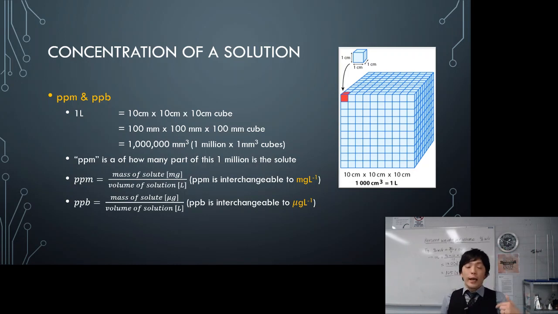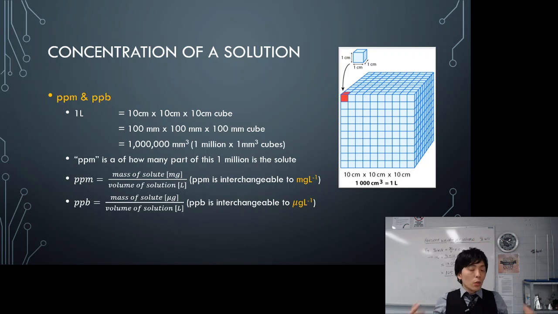So if you multiply that and calculate that in cubic centimeters, you should have 10 times 10 times 10, which is 1,000. Yeah, 1,000 cubic centimeters. If you were to convert it into millimeters, 10 cm would be 100 millimeters, 10 cm is 100, 10 cm is 100.